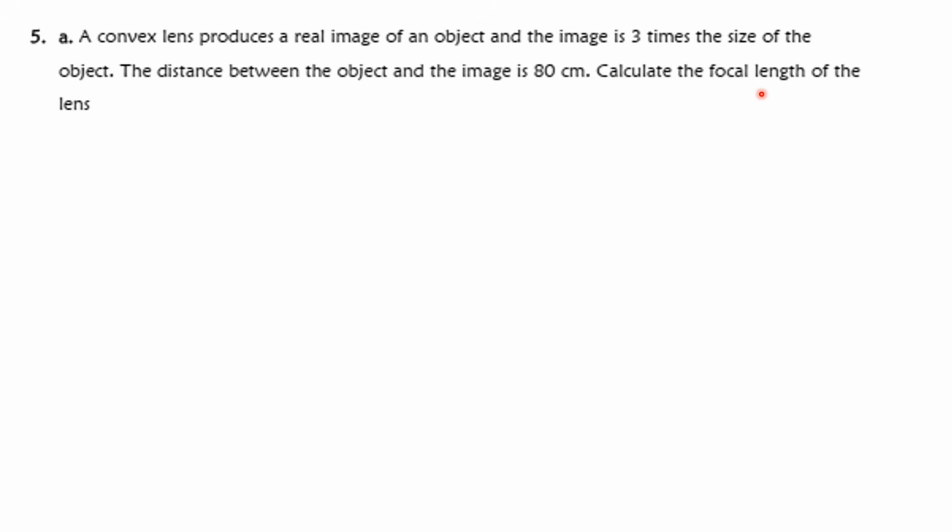Remember, a convex lens is shaped like this. All right. So let's say an object is over here. Let's suppose that our object is this one.